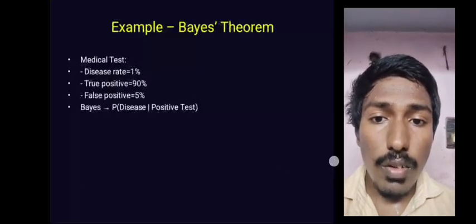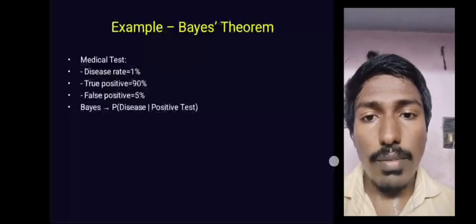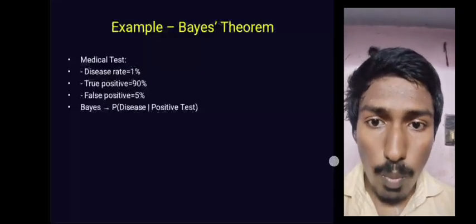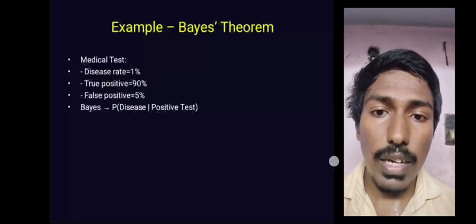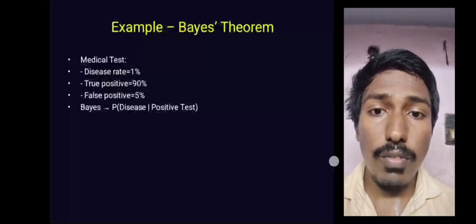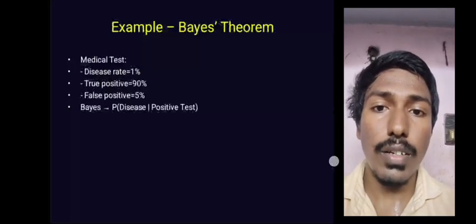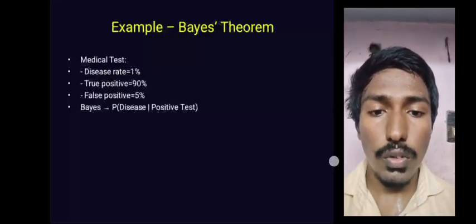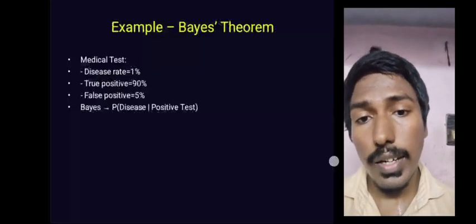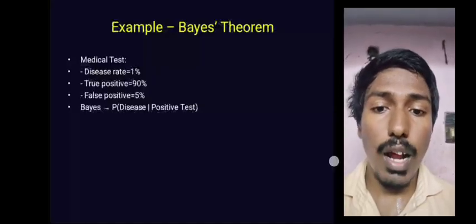For example, a person with a positive test: each time we get a new result, we use Bayes' theorem to update it.